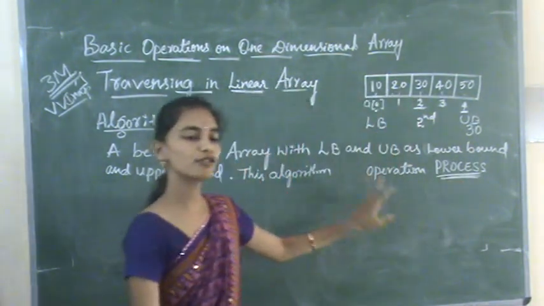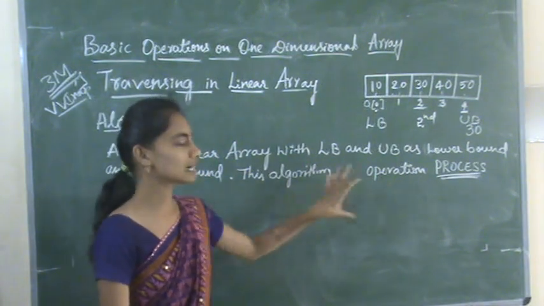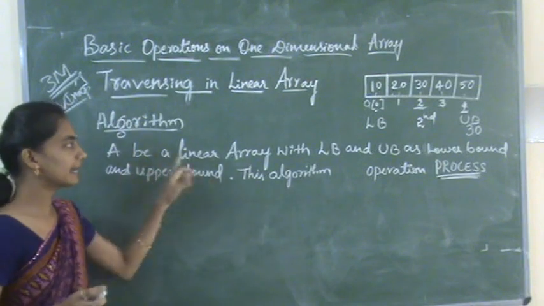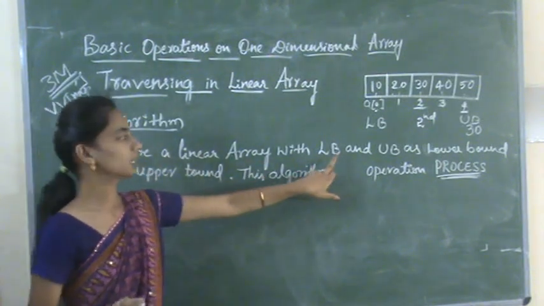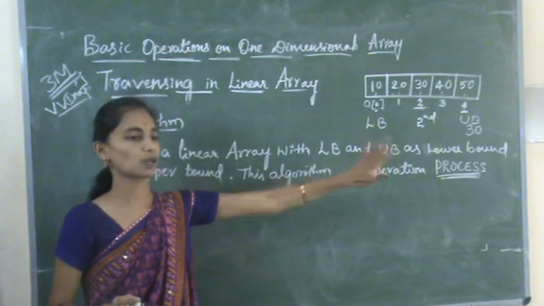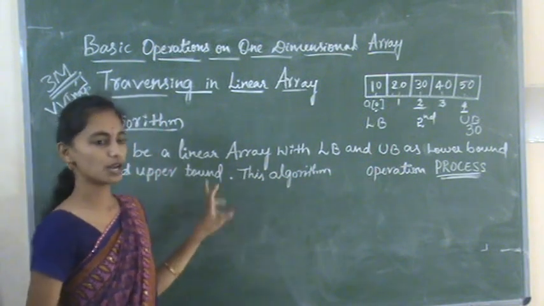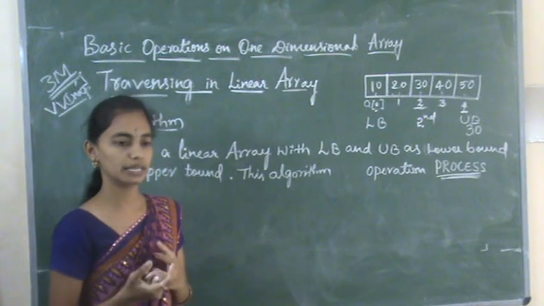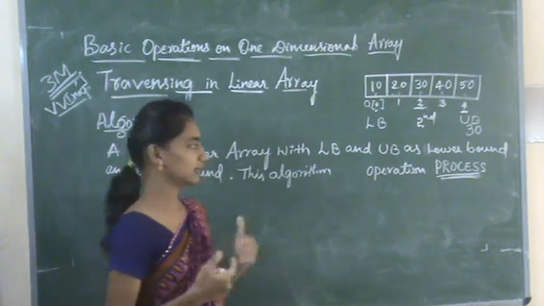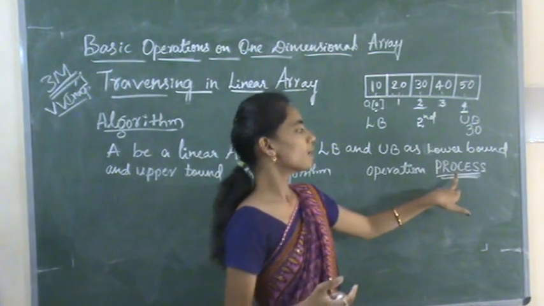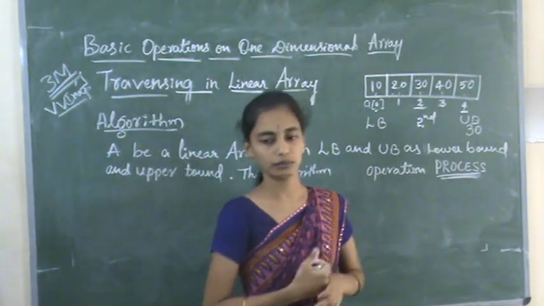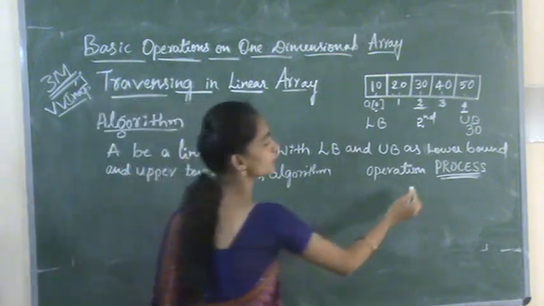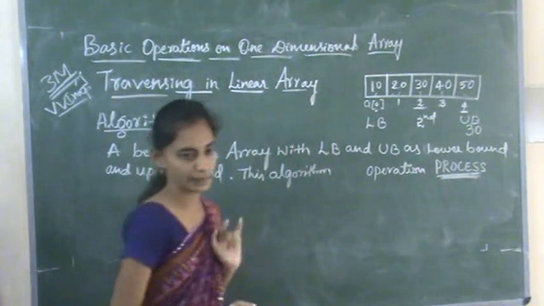With the help of this process, it will travel through each element. So A be a linear array with LB and UB as lower bound and upper bound. This algorithm traverses each element by applying the operation process on an element. So to travel through the elements of the array, we are using this process operation.